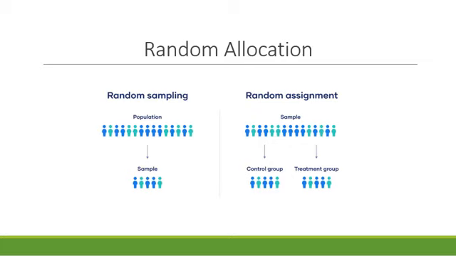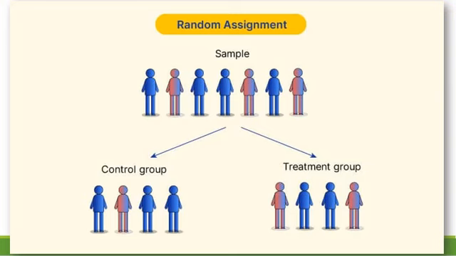So just being aware of the two different randomization terms. You probably won't see them both listed in a paper. Again, just another way to visualize random assignment from the sample that was created. Again, random sampling would be taking or creating a sample from the population at large.